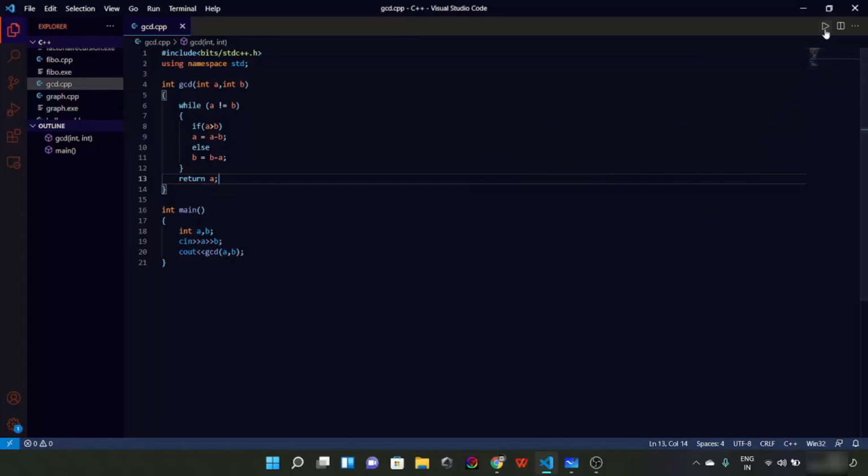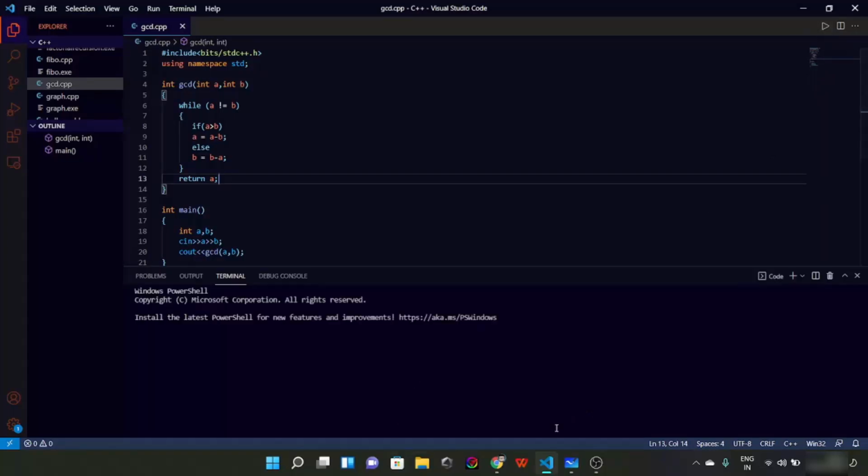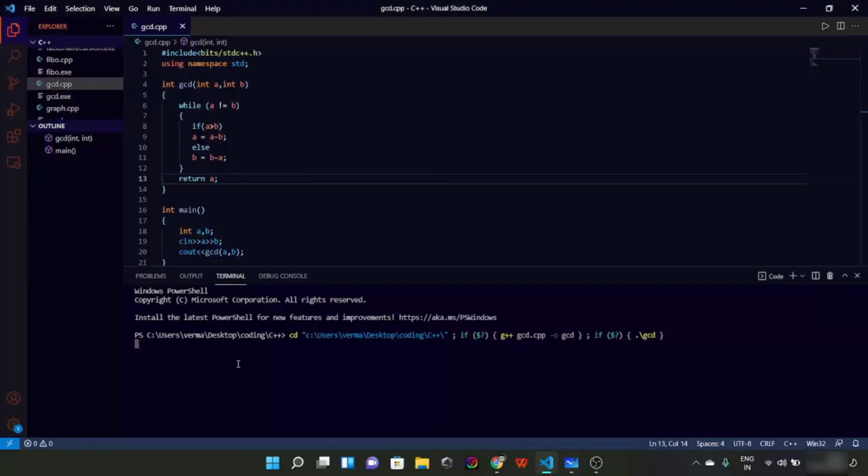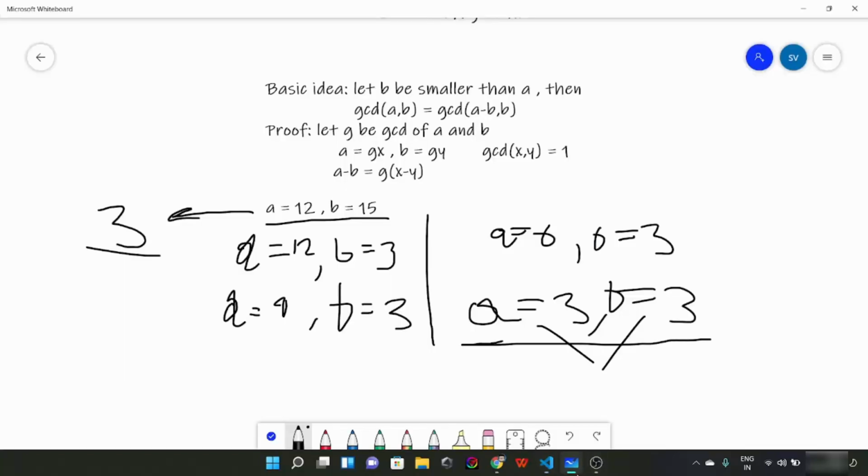Okay. Now let's try and run it. Let's have A as 12 and B as 15. Hence the output is 3.